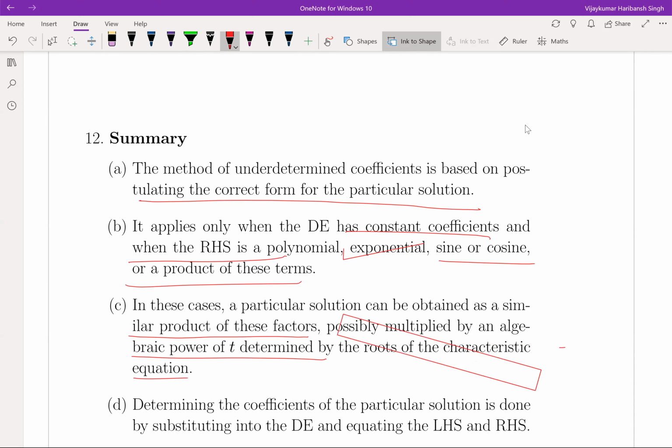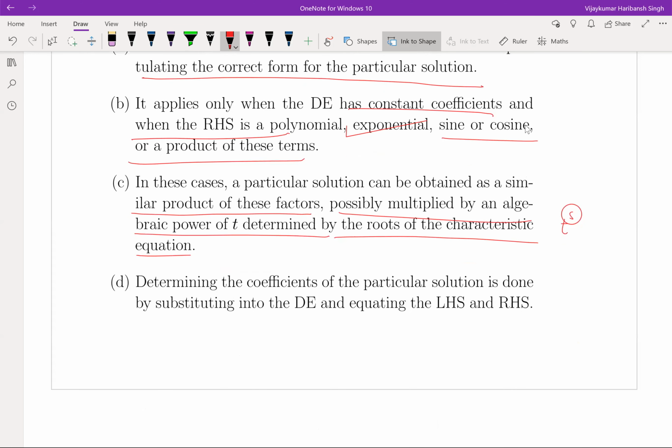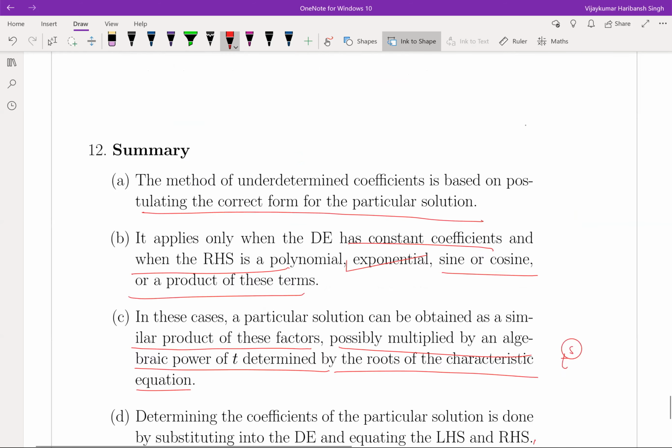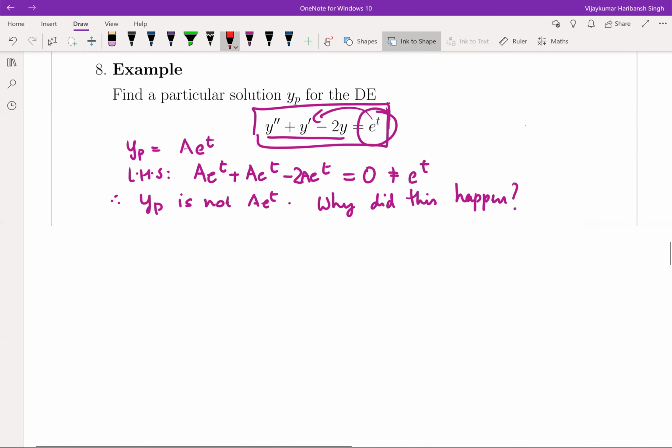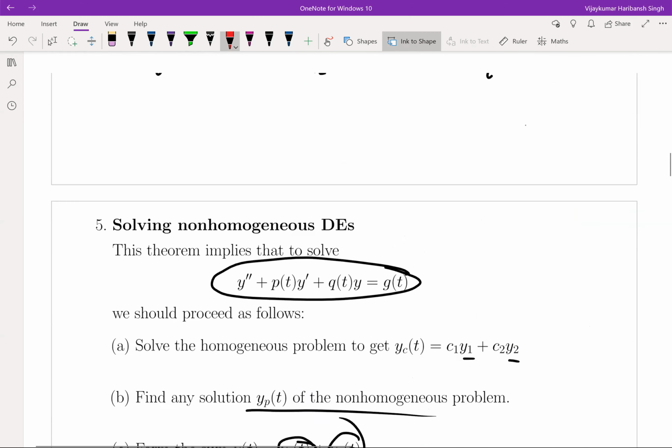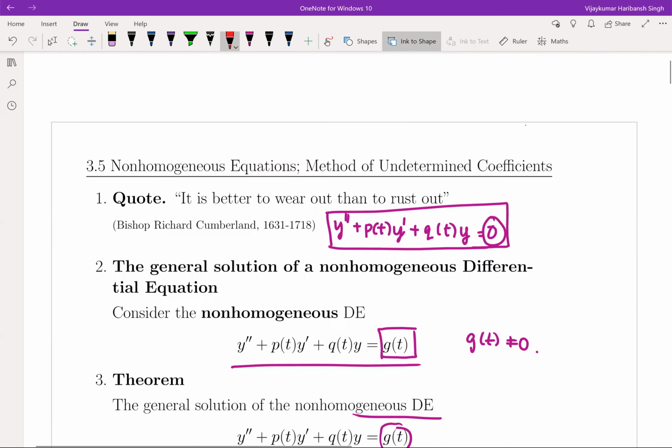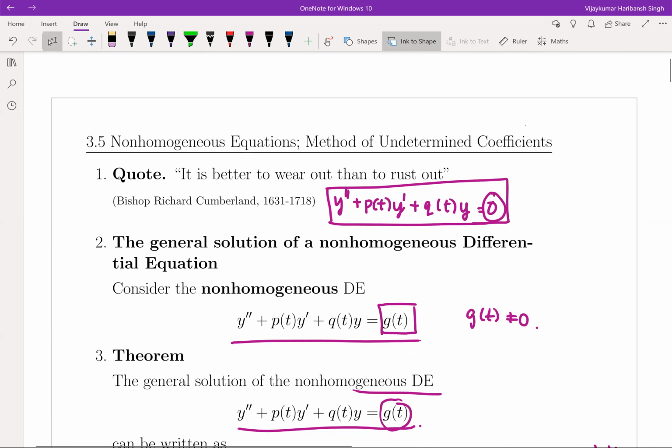Basically, you're saying that t to the power s is determined by the roots of the characteristic equation. Determining the coefficients of the particular solution is done by substituting in the DE and then equating LHS and RHS. So this is the whole process of solving a non-homogeneous differential equation with the method of undetermined coefficients.